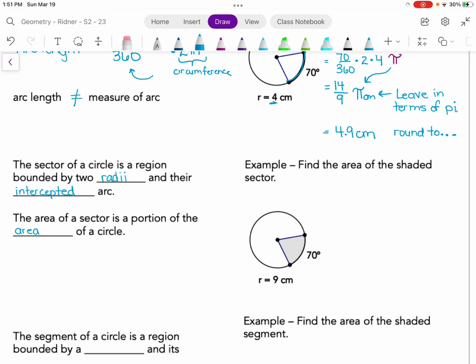So instead of finding the area of the whole circle, we're just going to find a portion of it. So that formula looks like this. We're going to take the measure of the arc like we did before and divide it by 360. And then we're going to times it by the circle formula for area, which is pi r squared.